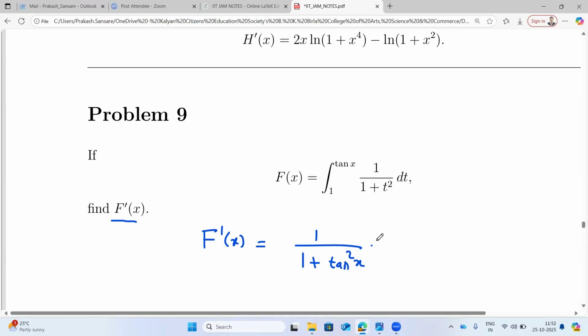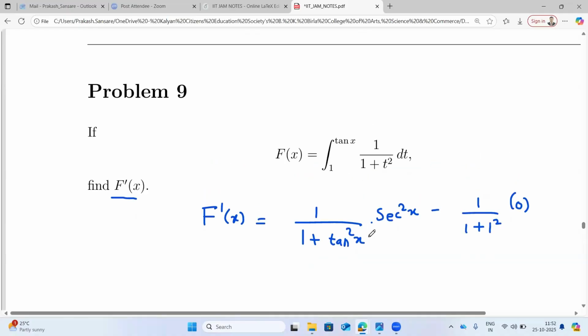What is derivative of tan x? It is sec square x. And now when you substitute 1, it will be 1 upon 1 plus 1 square into derivative of 1, which is 0. And 1 plus tan square x is sec square x. So this is basically sec square x upon sec square x. So it will basically give you 1. Correct.